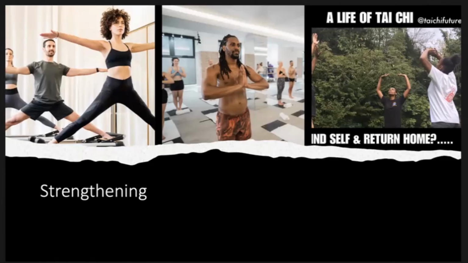But these ones I've put here, so we've got Pilates here, this is a form of reformer Pilates. Then we've got yoga that's meant to be demonstrating. And then we've also got Tai Chi. All of these things are helping to stretch our fascia, increase the blood flow, increase the circulation.